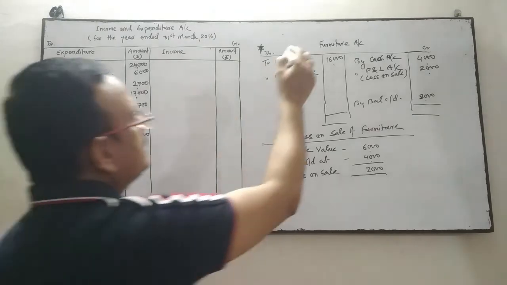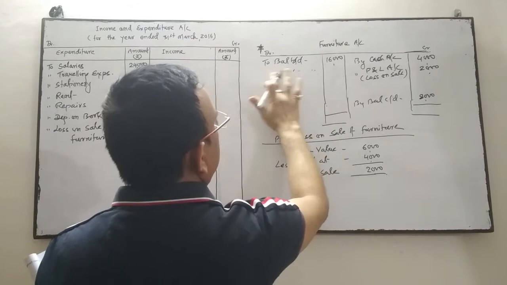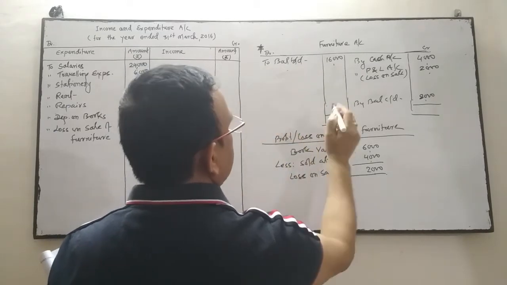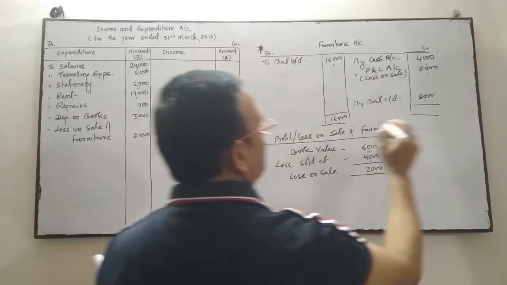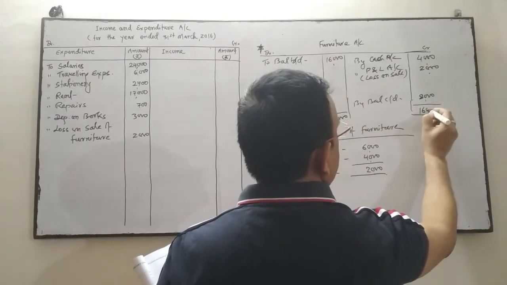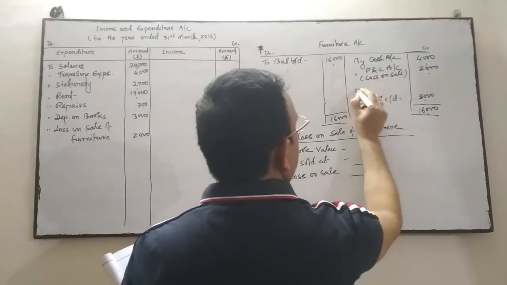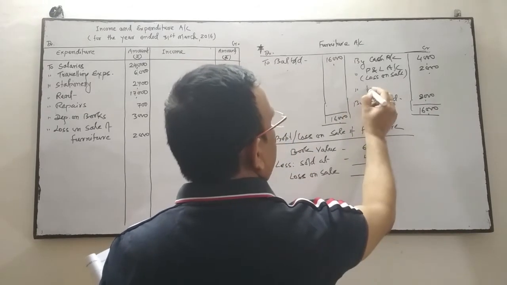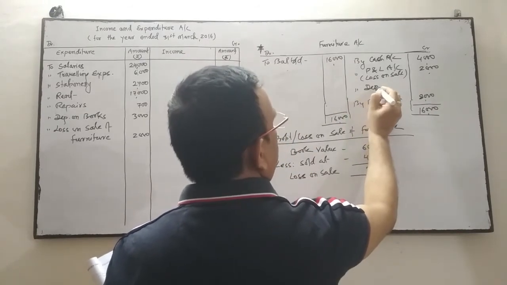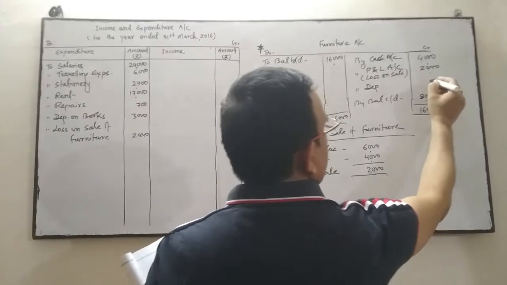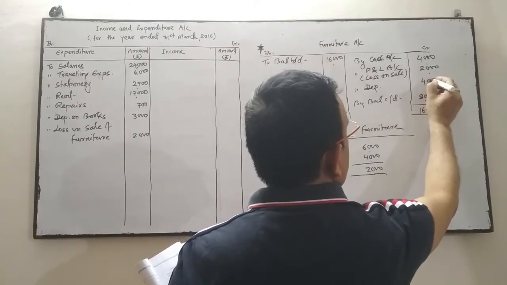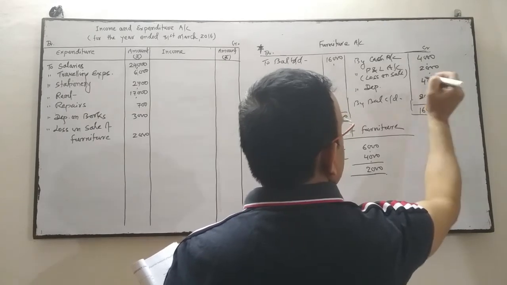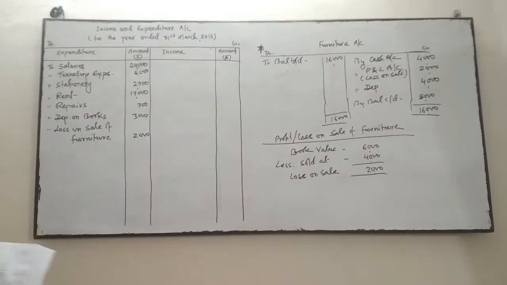So debit side is more and credit side is less. So the difference amount indicates depreciation of furniture. So depreciation of furniture is 4,000.